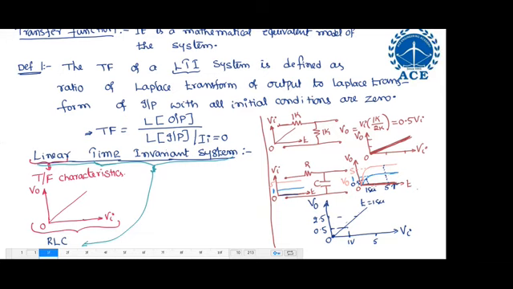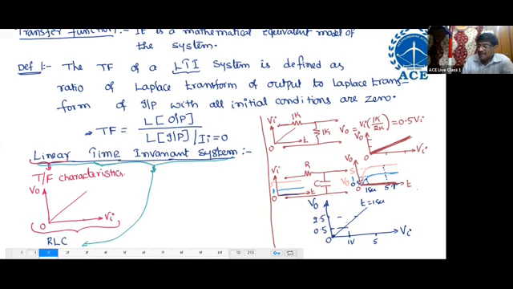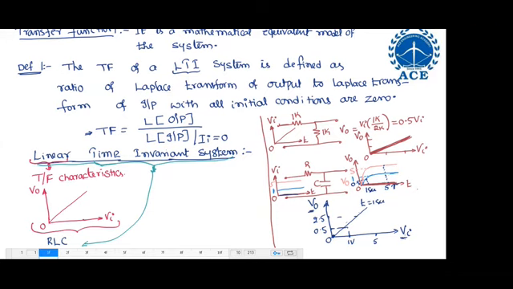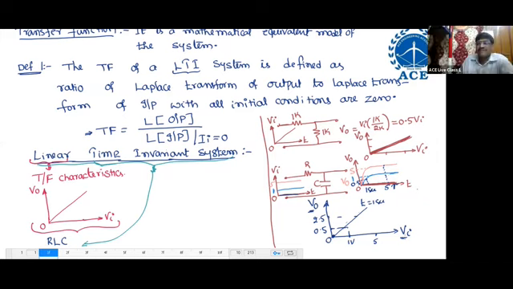Sir, but a 0.5 volt output for this is the transfer characteristic. Input to output, based on this you have to draw. This is V0 versus Vi, not with T. But sir, for 1 volt, how did we get 0.5? We take an approximate value at 1 second, for example, 0.5 volts.